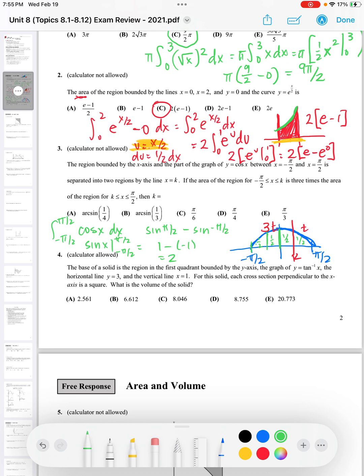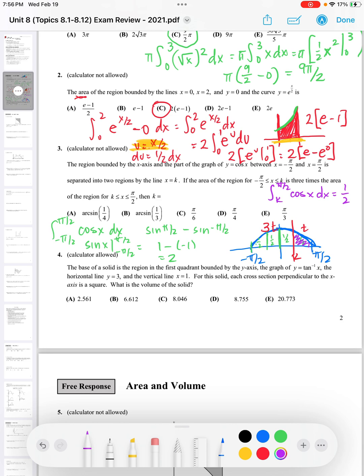Because there's 3 parts on that side to the left of K and 1 part on the right of K. So let's actually solve for K. Now that we know the area here is 1/2, I'm going to go the integral from K to pi over 2 of cosine x dx is equal to 1/2.